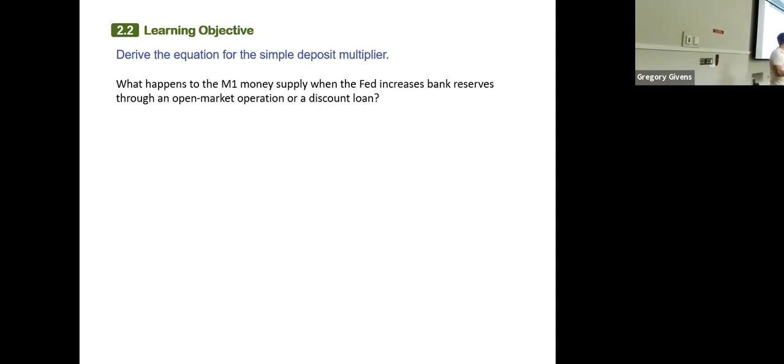Banking behavior can affect the amount of checking deposits in the economy through this deposit multiplier process. And so instead of that static problem, we're going to think more dynamically now about how those central bank actions permeate throughout the entire banking system.